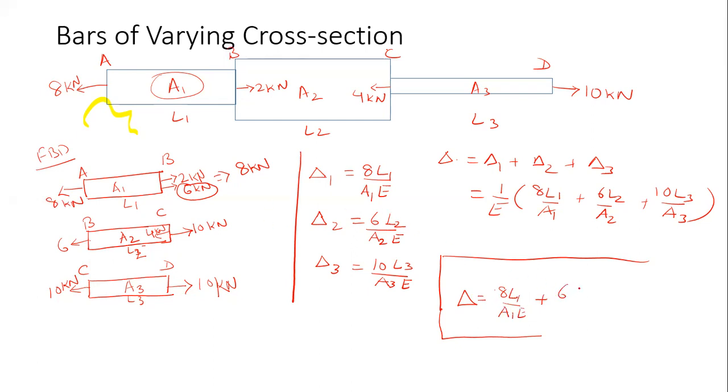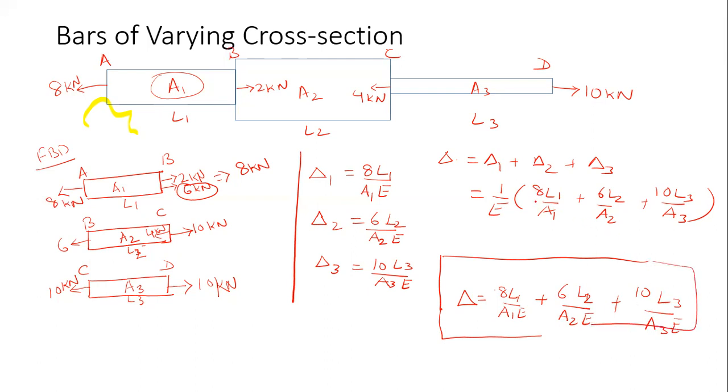So it will be 6 L2 upon A2E, plus, what is section CD? Net force is 10. So 10 L3 upon A3E. Right?